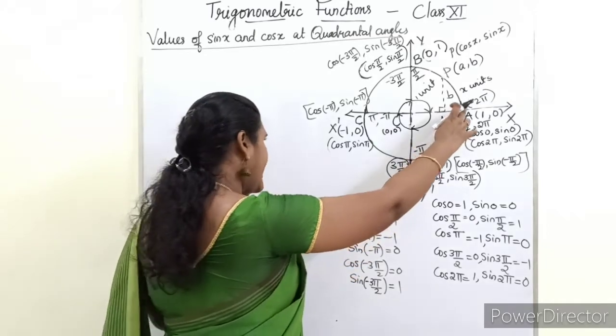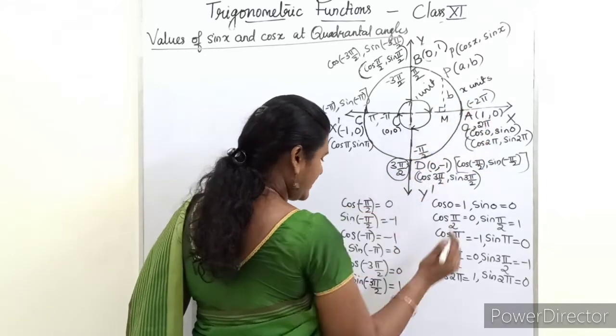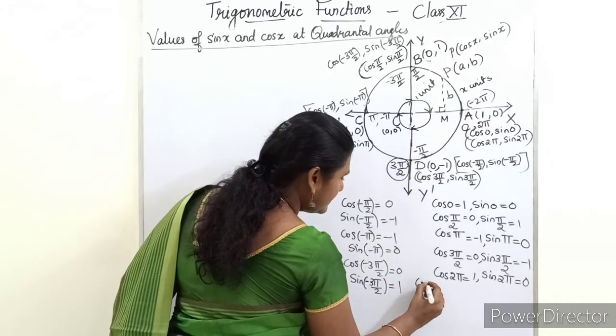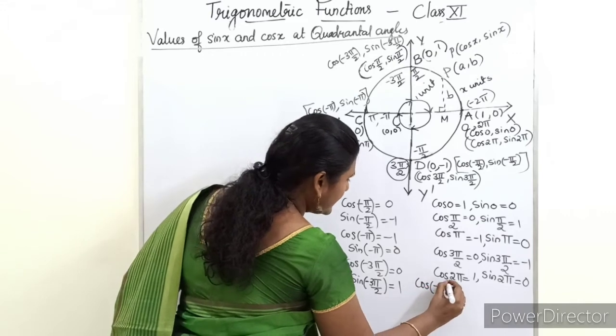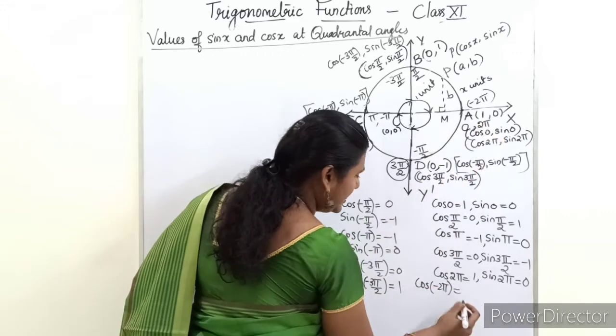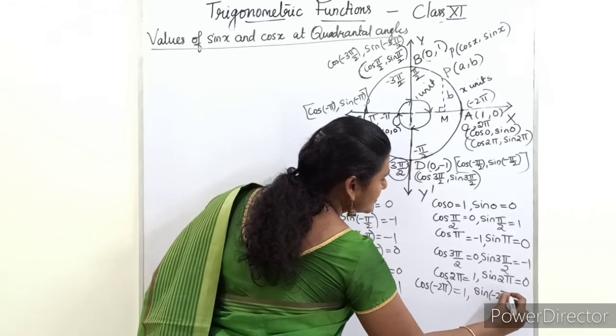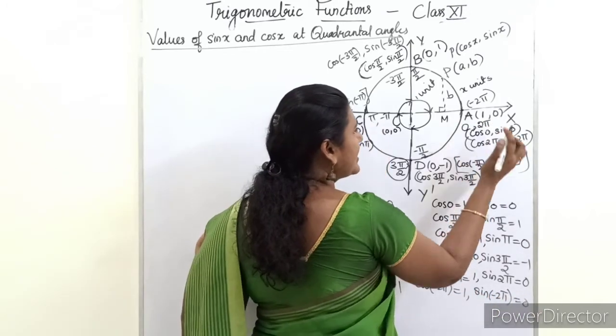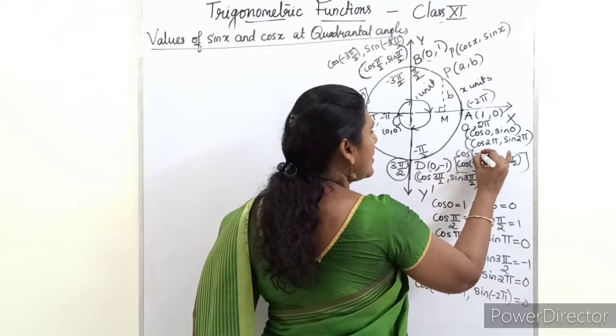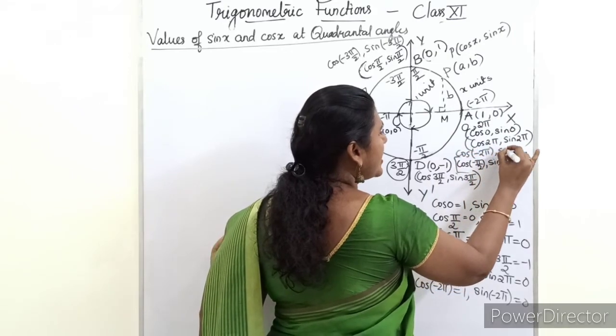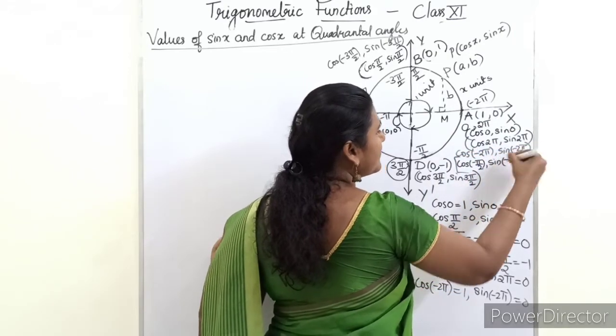Then finally minus 2 pi. At this point we can write cos minus 2 pi is equal to 1 and sine minus 2 pi is equal to 0, because this point A we can write as cos of minus 2 pi comma sine of minus 2 pi.